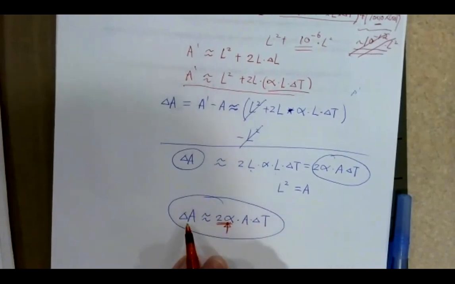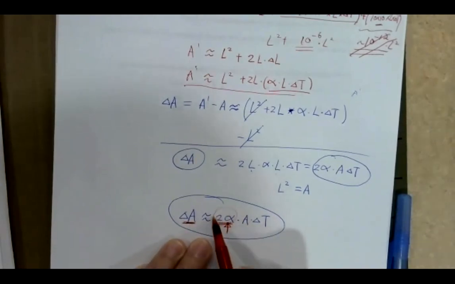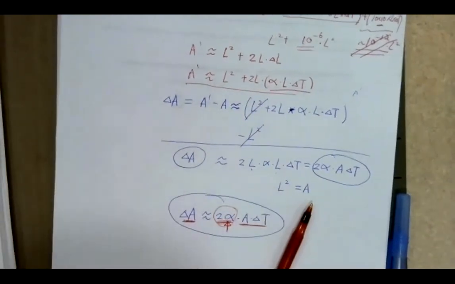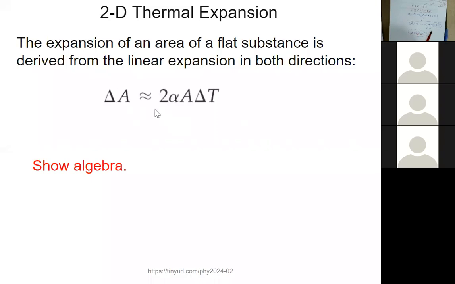So the two-dimensional areal expansion is proportional to a coefficient, which is twice the linear expansion coefficient, times the original area times the change in temperature, delta T. Let's go back to the PowerPoint slide. So this is the result here.